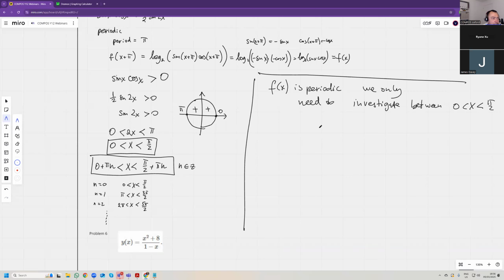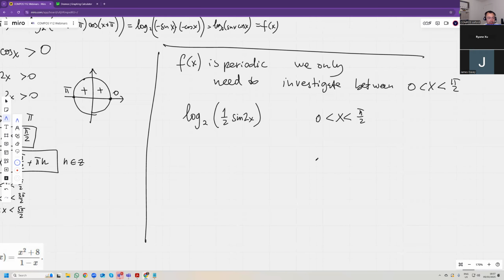I hope that makes sense. So let's look at log 2 of 1/2 sine 2x between x is 0 and pi over 2.